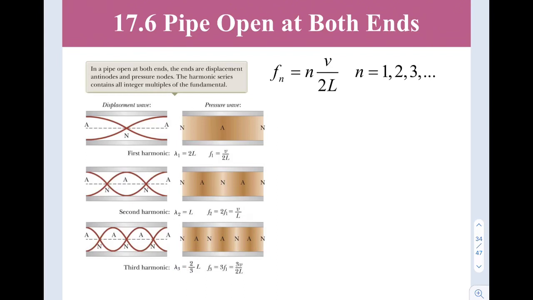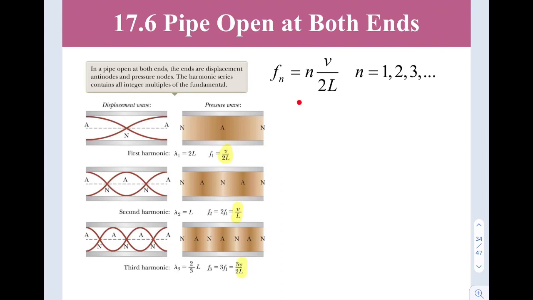And all the time, Fn is equivalent to n F1, right? And from this pattern, we may deduce a general equation of Fn equivalent to nv/2L, where n is the integer due to this repeated part here.